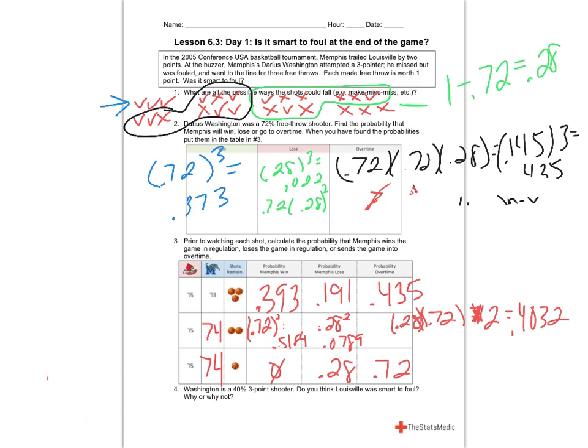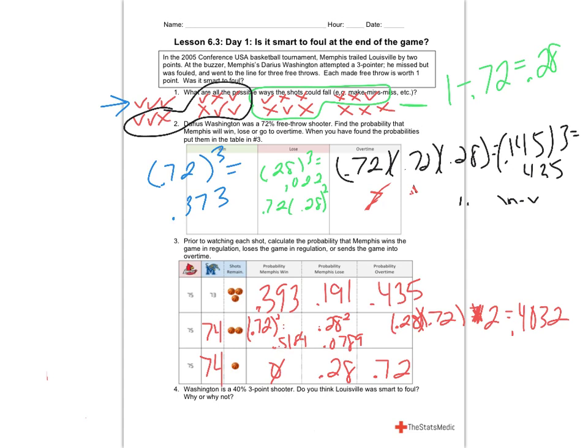Louisville fouled them. Okay, so in fouling them, when the free throw thing started, Louisville had a 0.191 probability of winning, and a 0.435 probability of ending up going to overtime. Okay, so together about a 0.5, 0.6 probability of winning or going to overtime. So do you think it was good for them to foul?